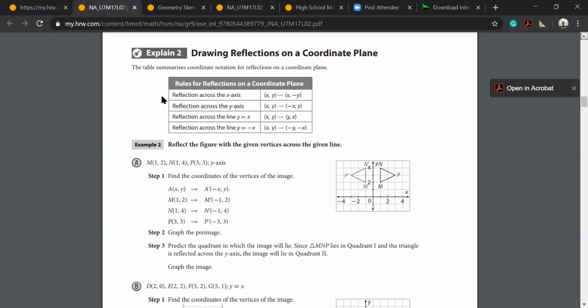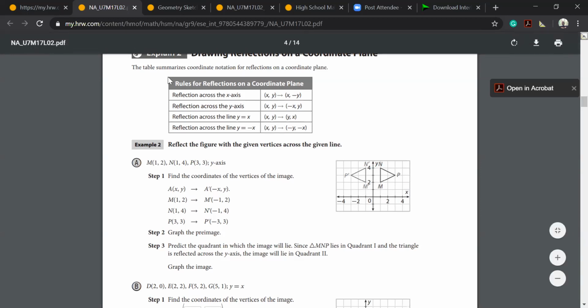Reflecting, add a negative sign, right? But add the negative sign where? You add a negative sign to the opposite of the axis. If I'm reflecting across x, add a negative to y. If I'm reflecting across y, add a negative to x. Okay, these are the first two rules.